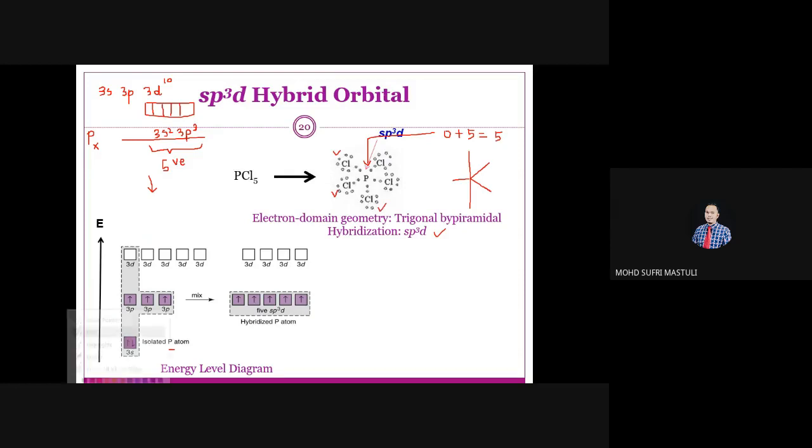So we have to migrate. We have to transfer one of the electrons into the d orbital. So it becomes a d orbital. And then we mix to produce the hybridized sp3d.